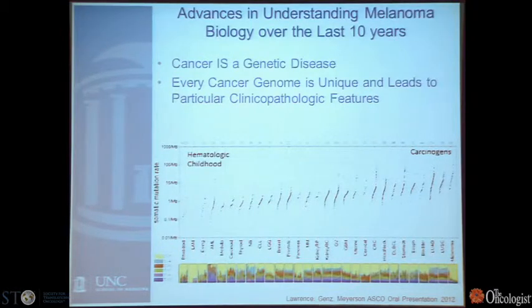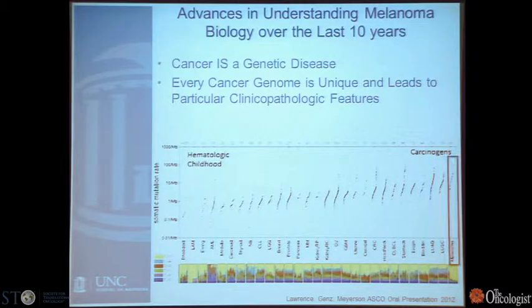This is a slide from the Meyerson group that they very elegantly presented at ASCO this year. And I find it fascinating because what they're trying to describe in a single slide is mutation frequency, manifested as the number of mutations per megabase on the y-axis. And on the x-axis, you have different types of cancers.